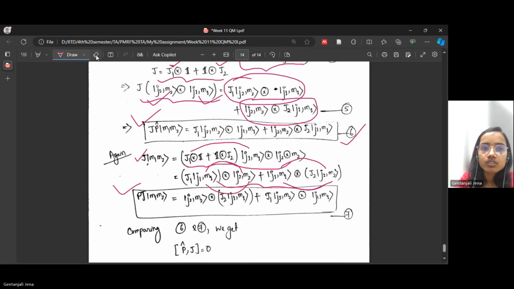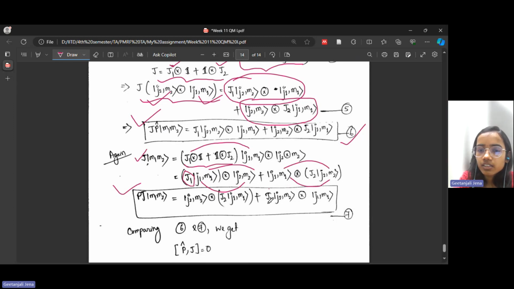Let me show you properly. J already acts on this state. Now we are acting P. So what will P do? It will change the state to here, and to here. Now you know that J1 only acts on the first slot, right?